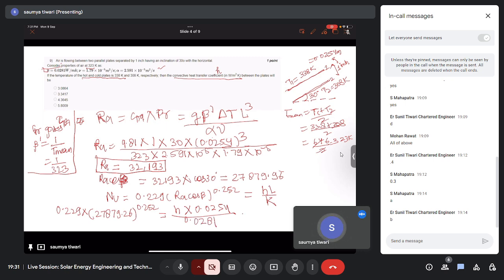We'll solve this, and you will get the value of h, which will come out to be 3.3417 watt per meter square Kelvin. So this is your final answer. I hope how to solve this question is clear. Any doubt in this question?